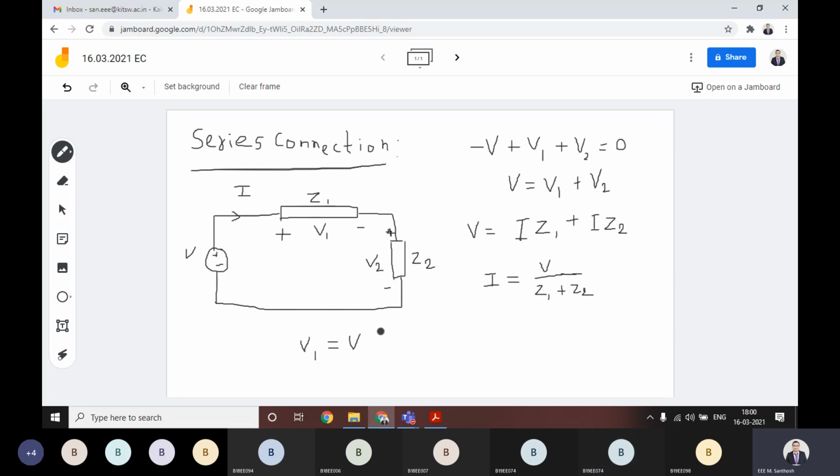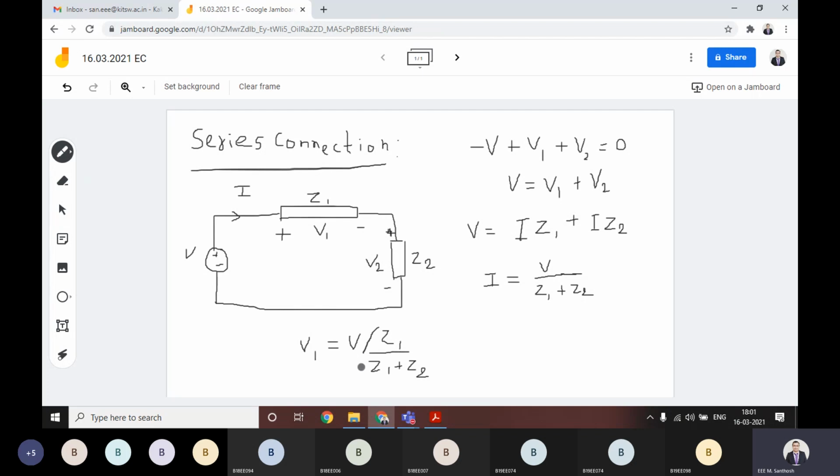V into Z1 by Z1 plus Z2. Why? Because V1 is actually across this one, that is I into Z1, right? I you know already, V by Z1 plus Z2.